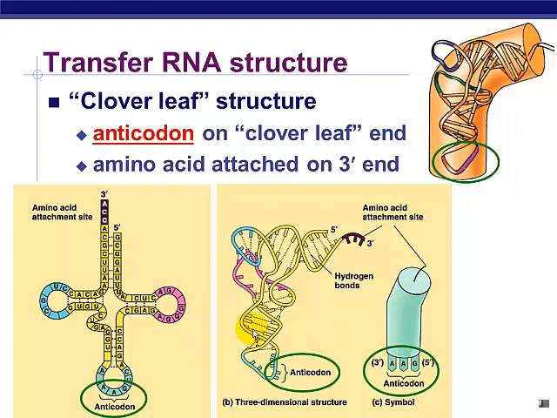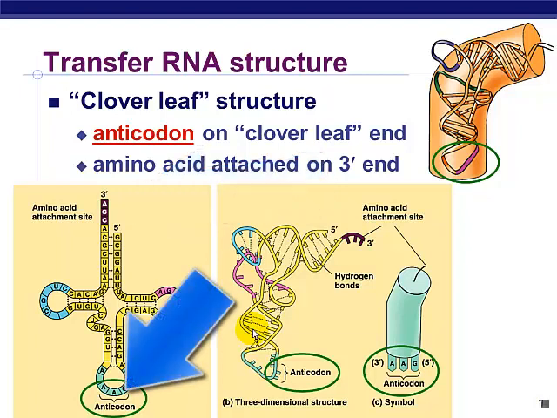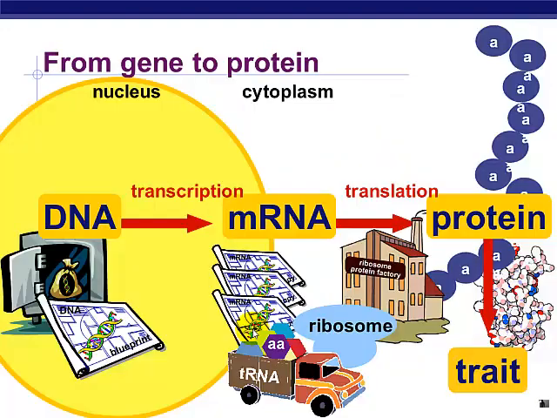So I'm going to attach an amino acid. If my amino acid is right here, what will this part be matching up to? The codon. If my amino acid is up here, what will this part of my tRNA be matching to? The codon, just like here, guys. It's upside down in this picture.